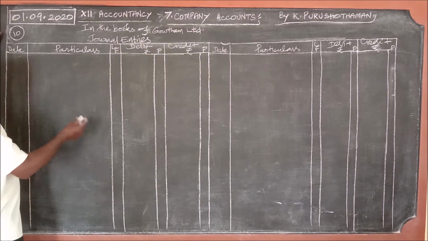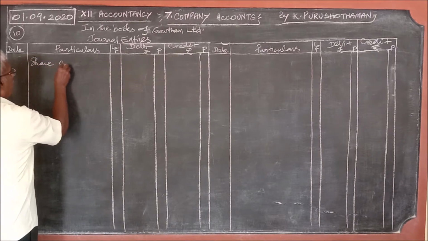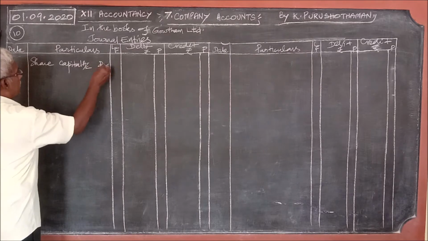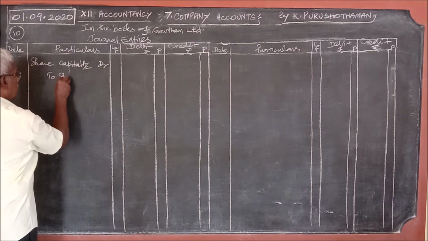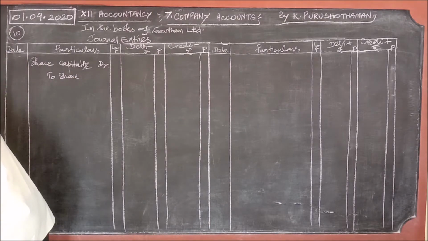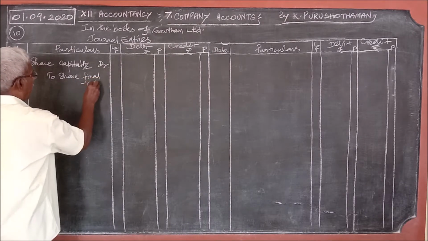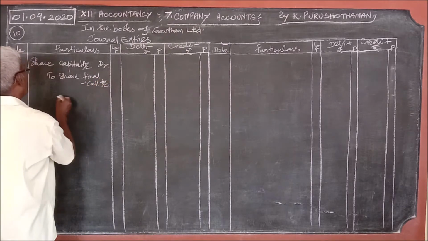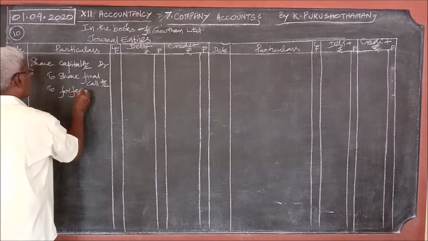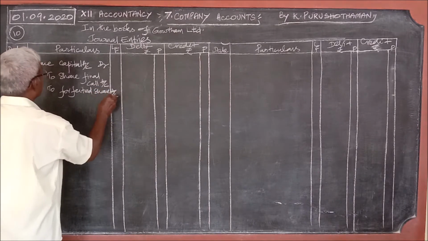We shall write it. Just now I wrote for forfeiture: share capital account debit, to share final call account, to forfeited share account.